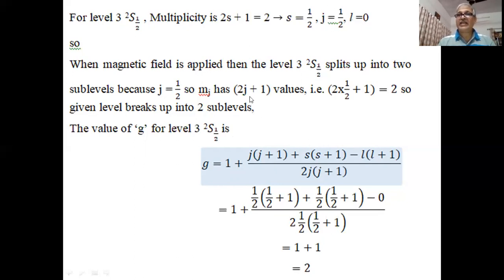So Mj has 2J plus 1 values, that is 2 into half plus 1 gives 2, so this term breaks up into two sublevels.